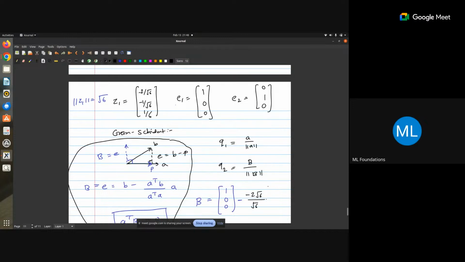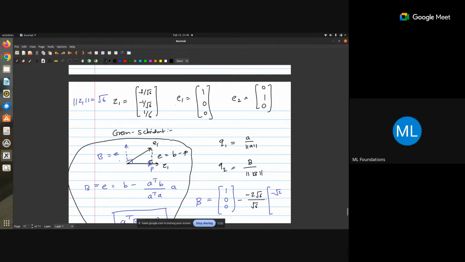What is the vector A? This vector is Z1. In these terms, this one is E1.